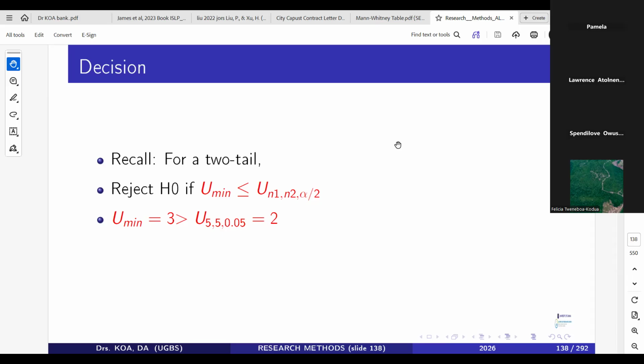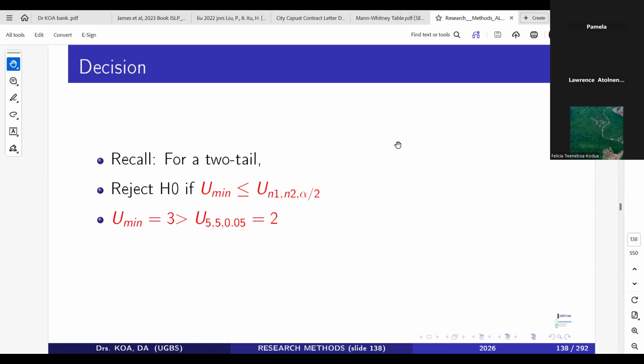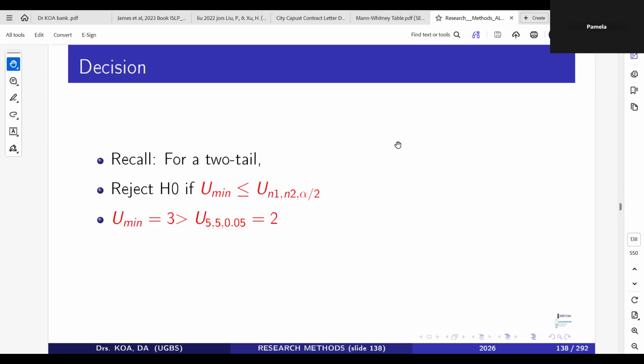When the alpha value is not given in the question, you use the 5%. It's always 5 and 1. So when the alpha value is not given, you use a 5%. Exactly. So in this question, we were not told whether it is 1% or 5%. Because we are not told, that is why we are using this very 5%.